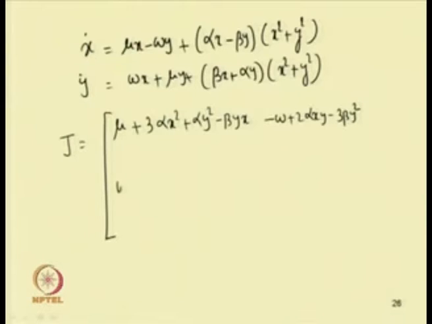The second equation becomes omega plus 3 beta x square plus beta y square, and mu plus 2 beta x y plus alpha x square plus 3 alpha y square.